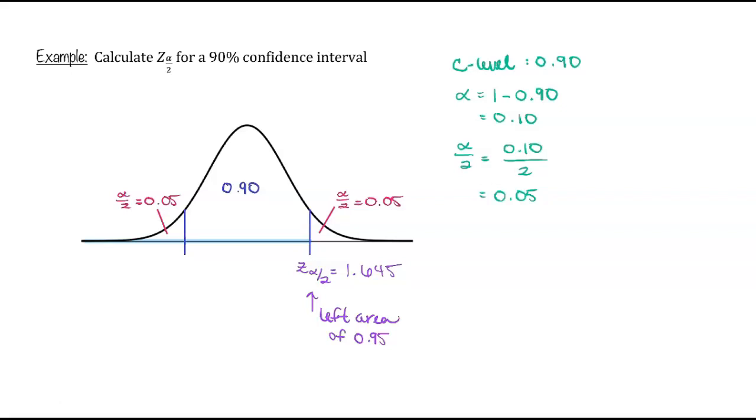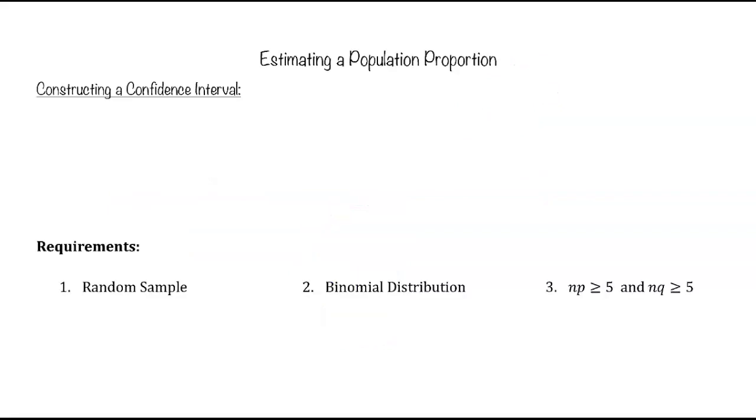We now have everything we need to be able to construct a confidence interval for a proportion. The basic idea of estimating a population proportion is creating a confidence interval that is centered around a sample proportion, p hat. And we'll add and subtract our margin of error to give us a range of values around this proportion.